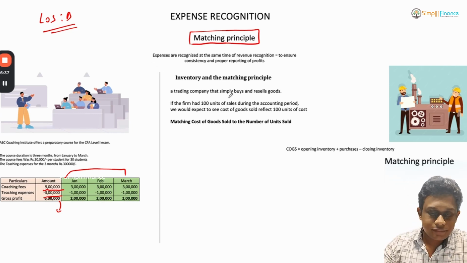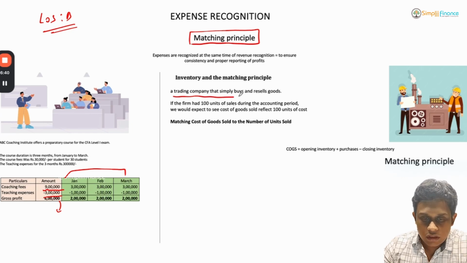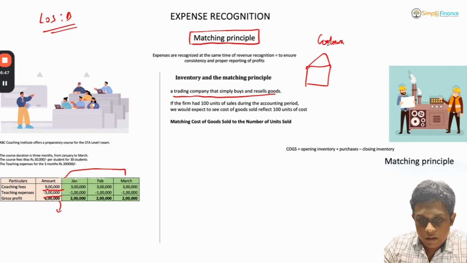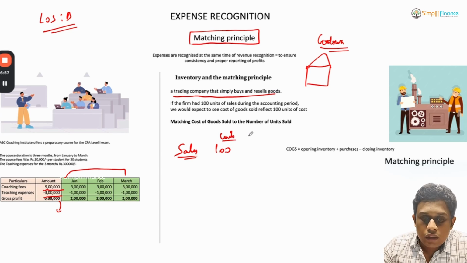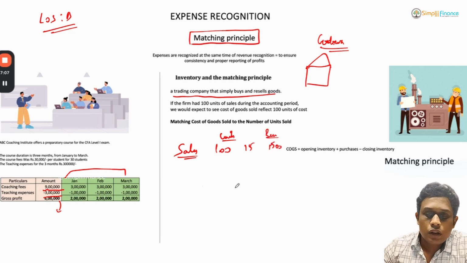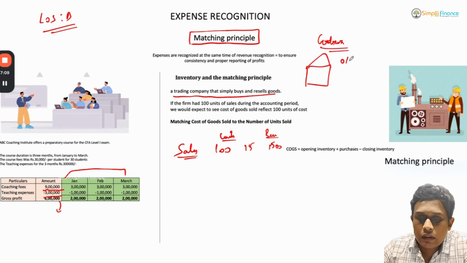Now let's say you are a trading company and you trade goods, and this is your godown. You had sales of 100 units, sold for an average price of 15 rupees. So your total revenue is 1500. Now in your godown, there is an opening inventory of 50.